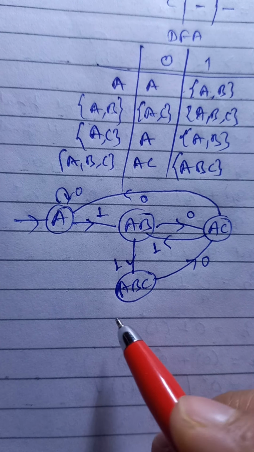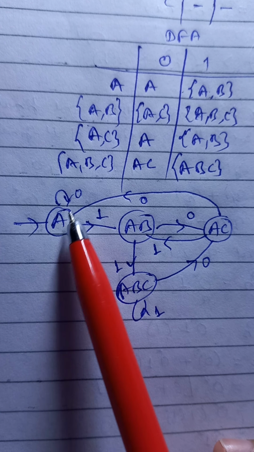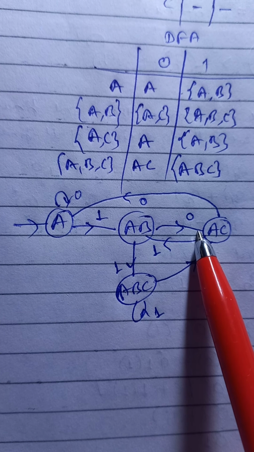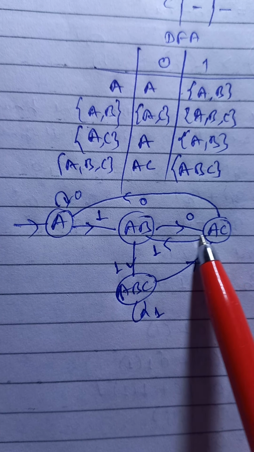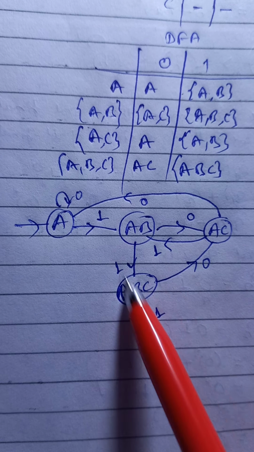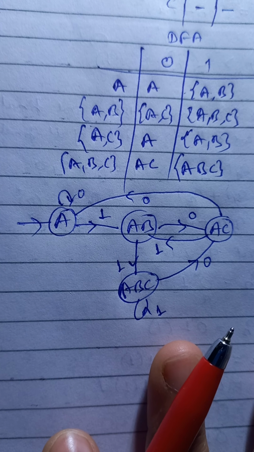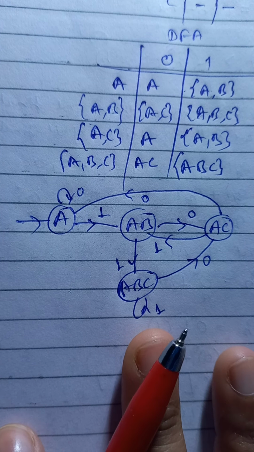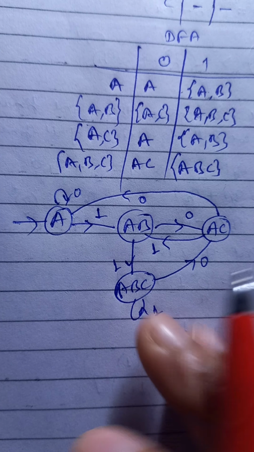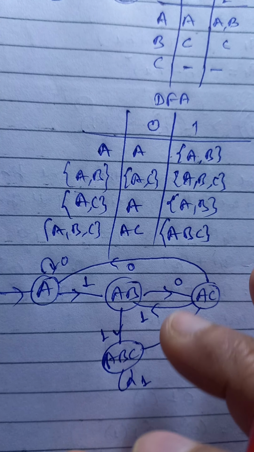Towards ABC only. So now we can see that from A, AB, AC and ABC there is a 0 transition and a 1 transition each. All the transitions are present, so there will be no dead state or trap state in this DFA, because all transitions are correctly going to the states.